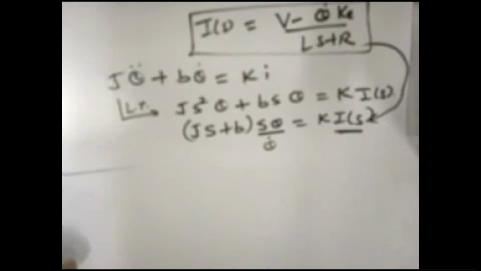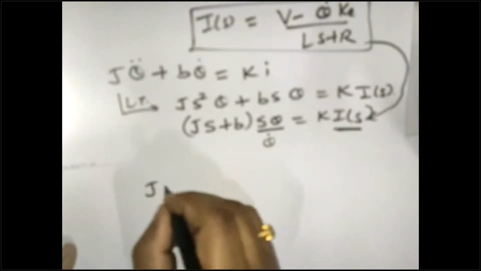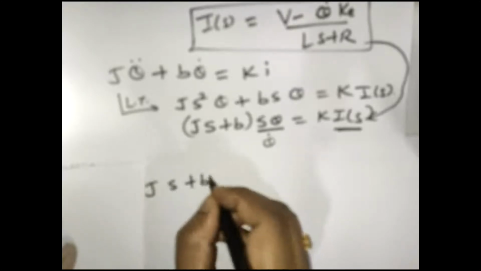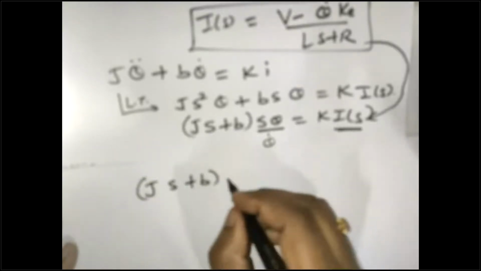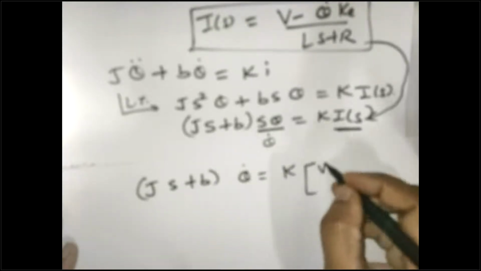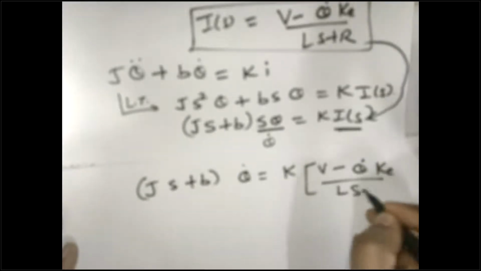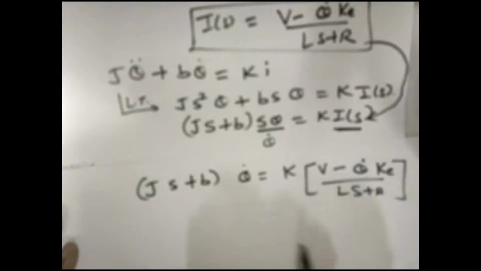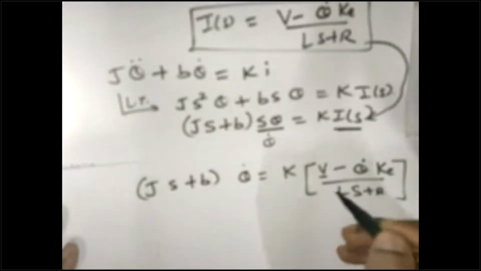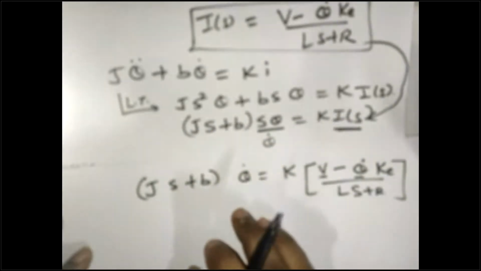If I substitute, this will become (Js plus B) into theta dot equals K into (V minus theta dot Ke) divided by Ls plus R. What I am interested in is V and theta dot, so I will rearrange these equations.